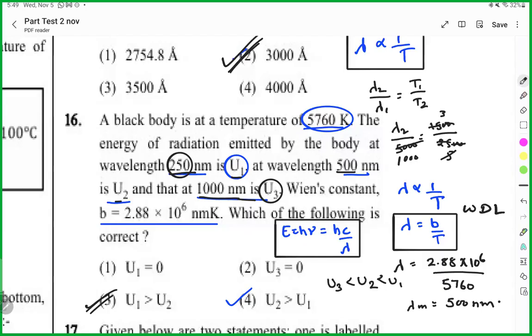U1 will be more than U2, and U3 will be the least. Yes or no, guys? Yes, sir. Respond, so I can understand whether you are able to understand or I have to explain in another way to make it easy.